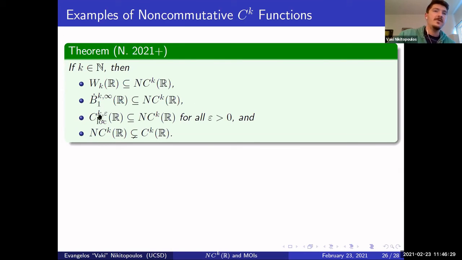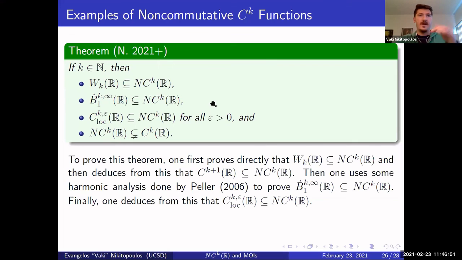Third, if you are a C^k function whose kth derivative is locally epsilon Hölder continuous, then you are NC^k. In particular, if you are C^(k+1), then you are in NC^k. And then finally, you can actually show that NC^k is a strict subset of C^k.